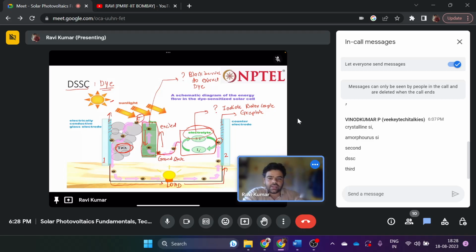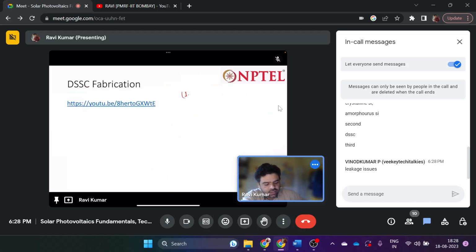So it is very simple to make a DSSC solar cell. If it is so simple, then why is this technology not commercialized yet? It is, but it is not on a large scale. There are 2 drawbacks. One is low efficiency. They are having around 11% efficiency. And second is the solvent problem.